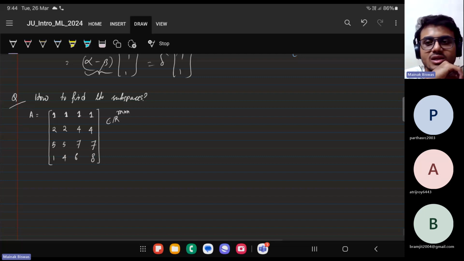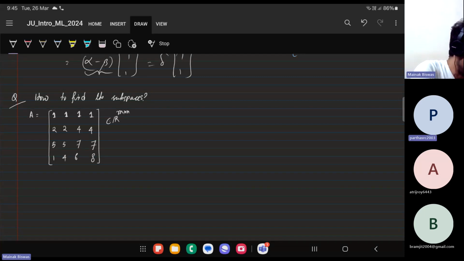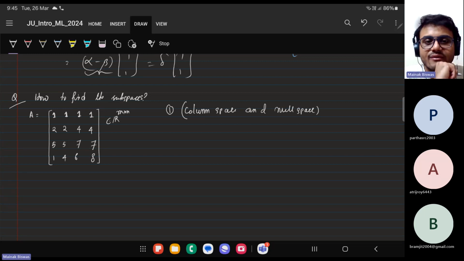So first, let us do 2 things: column space and null space. If I have to find column space and null space, how will I do it? Let us do it in one way, and I'll show you another way which you can write code for. So what should be the step to find column space?